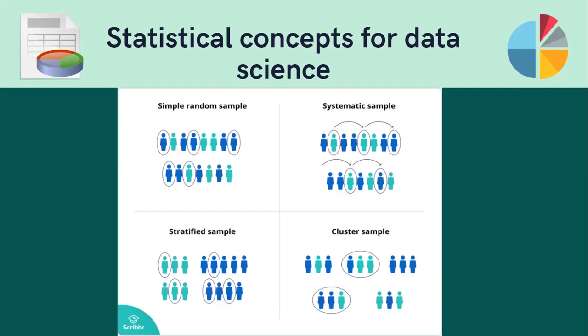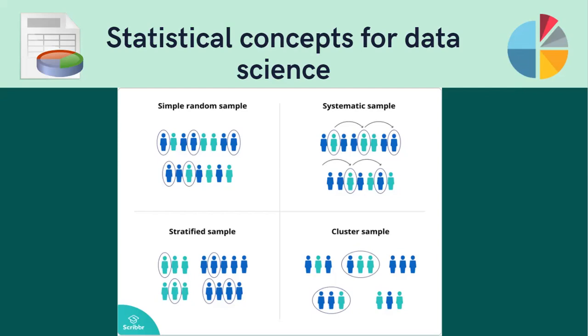And then stratified sampling. In stratified sampling, as you can see in the bottom left, there are two groups, that is the light blue and the dark blue. So basically in stratified sampling, we create groups which share the same characteristics. What I really mean is that the groups have different characteristics among them, but the elements within each group share the same characteristics.